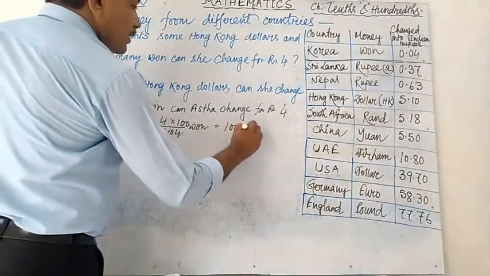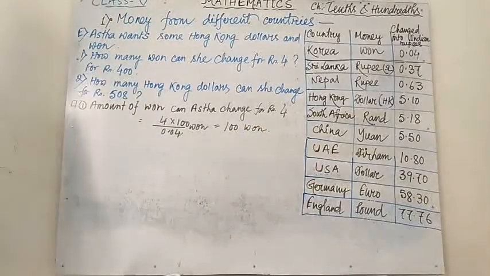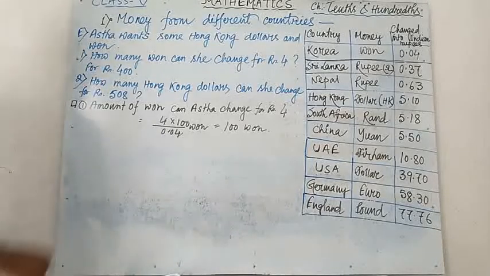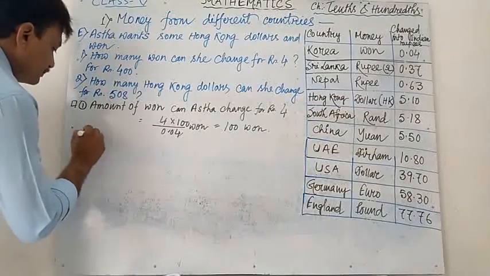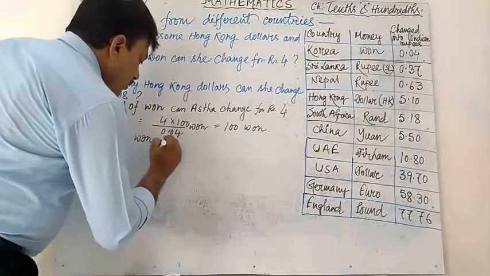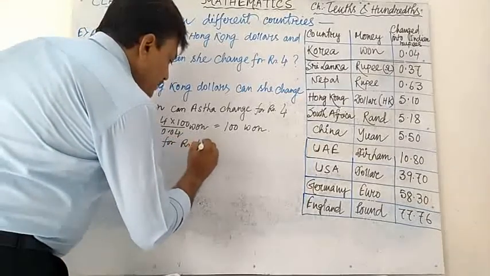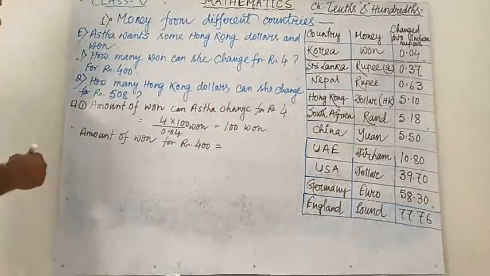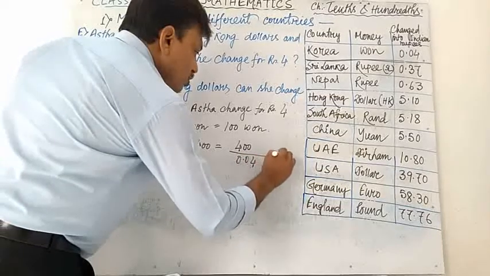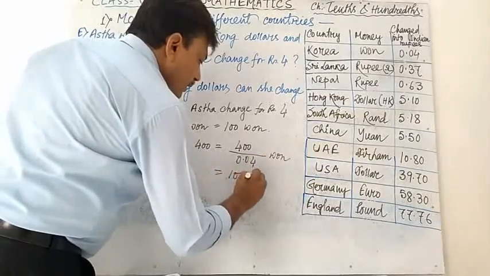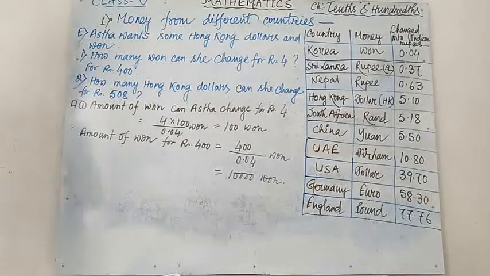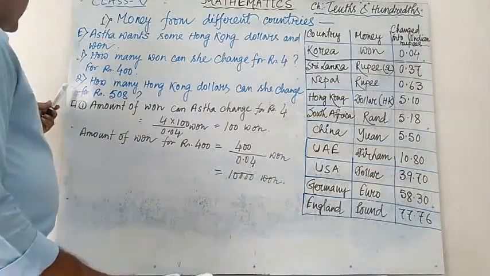So you will get 100 won. Similarly, for rupees 400, the amount of won equals 400 divided by 0.04, so you will get 10,000 won. Now come to the next point, number 2.